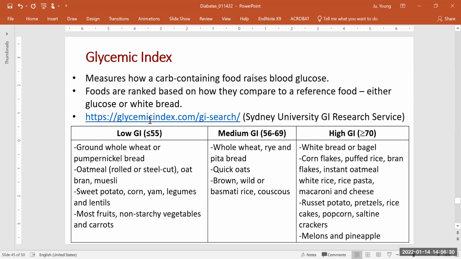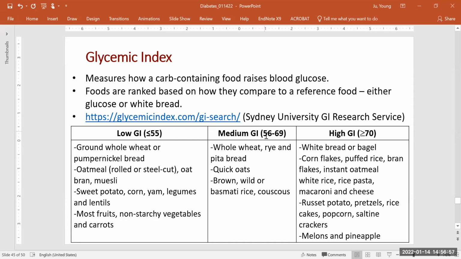One more tool I'm going to talk about is the glycemic index. It's a more complicated concept compared to the other two. Glycemic index measures how a carbohydrate-containing food raises blood sugar level. A food with a glycemic index lower than 55 is considered a low glycemic index food.